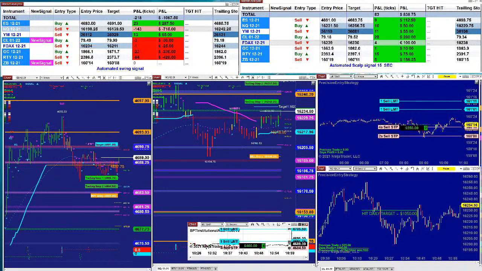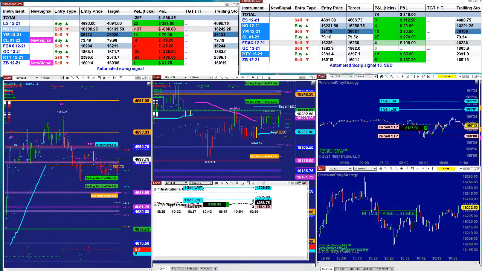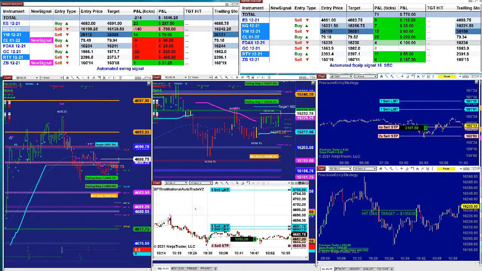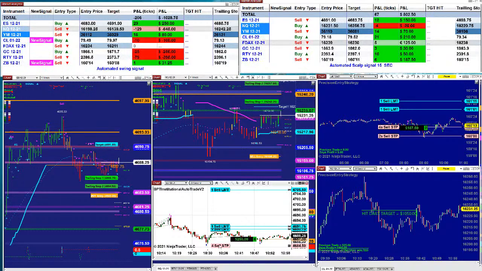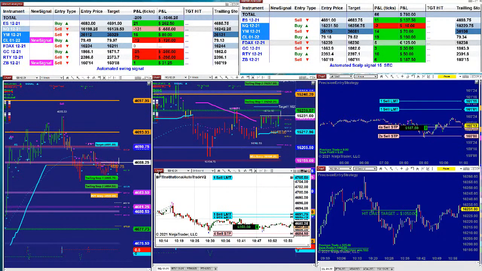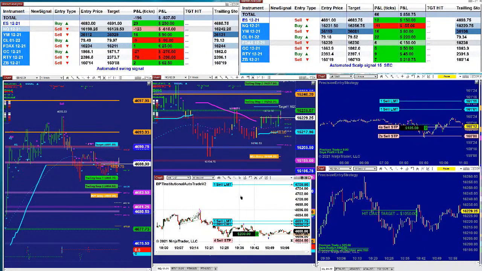The market analyzer is on the upper right corner here. I'm using 30-second here on the ES because this is the institutional auto trade we covered yesterday. I'm using 30 seconds on this because this one has unlimited filters.